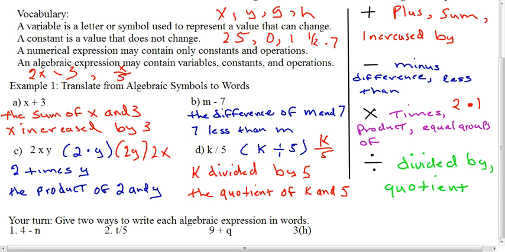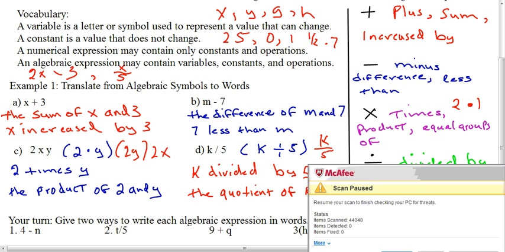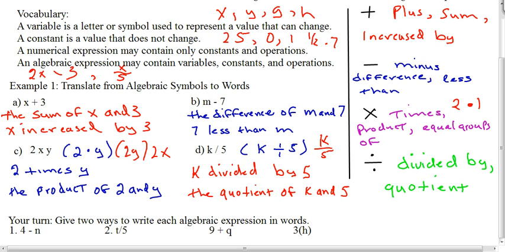So your turn. If you would, give me 2 ways to write each of the expressions in words. So what I'm doing for your turn, and you'll see this very often, I'll always say your turn, is I want you to look at 1, 2, and this is number 3, and this is number 4.